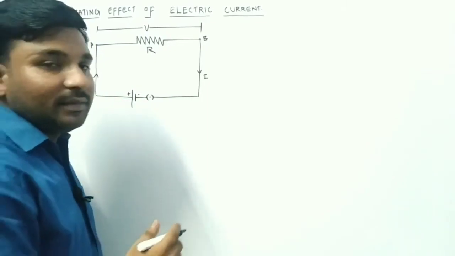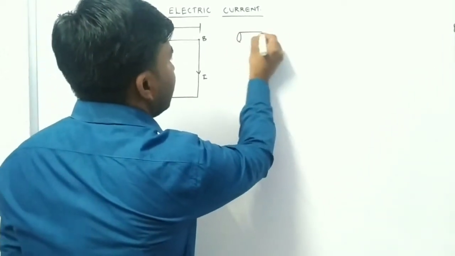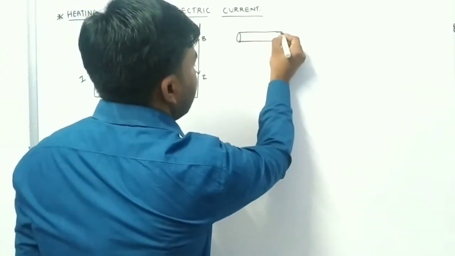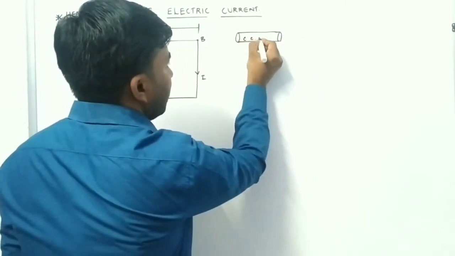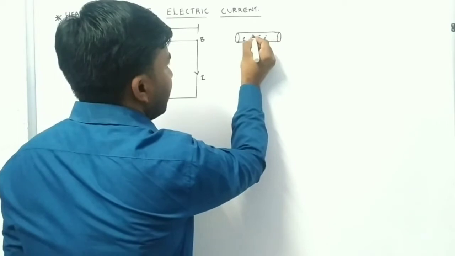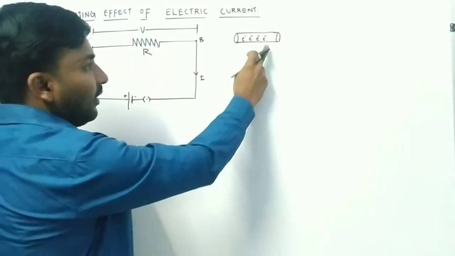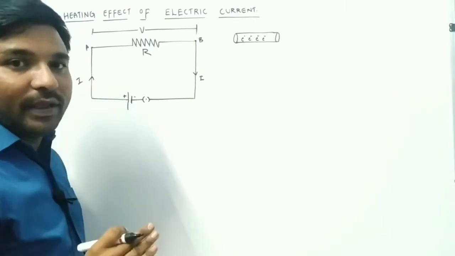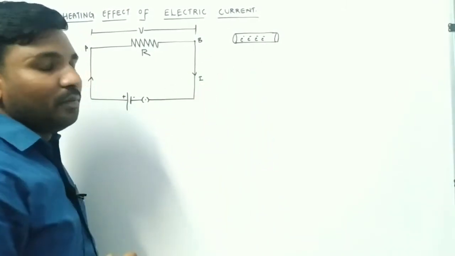We know the mechanism that in a conductor, that is the resistor, the electrons, that is the charges, are in motion. When the current is flowing in a conductor, the charges are in motion.